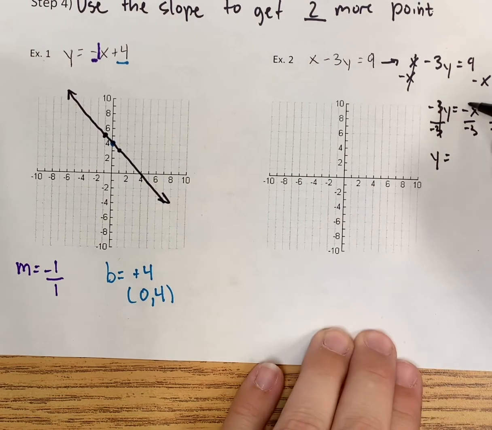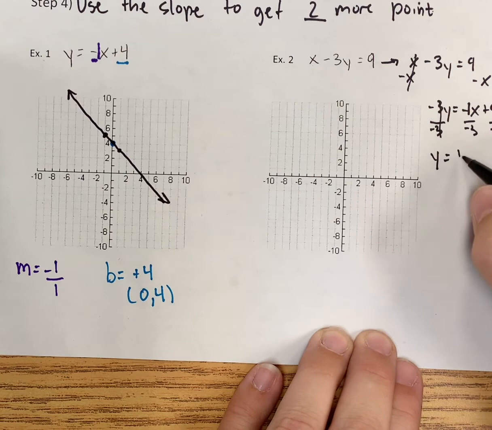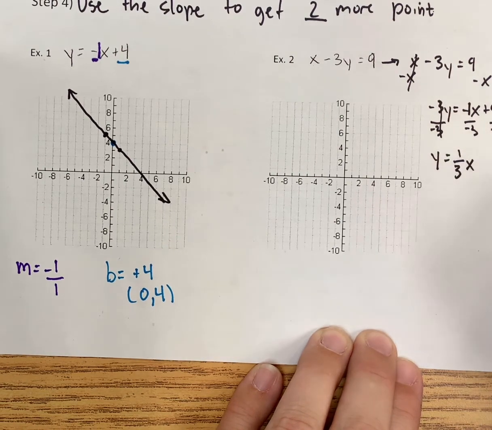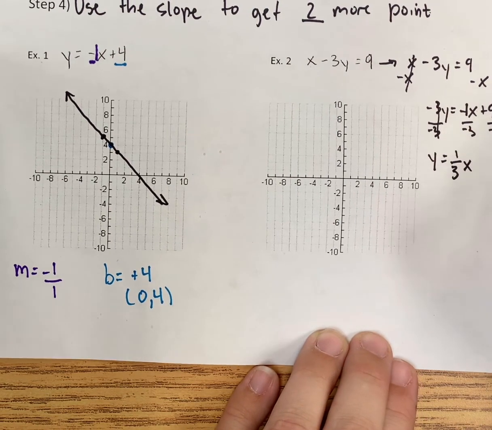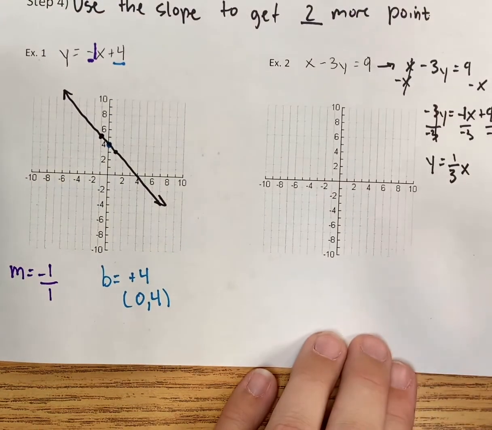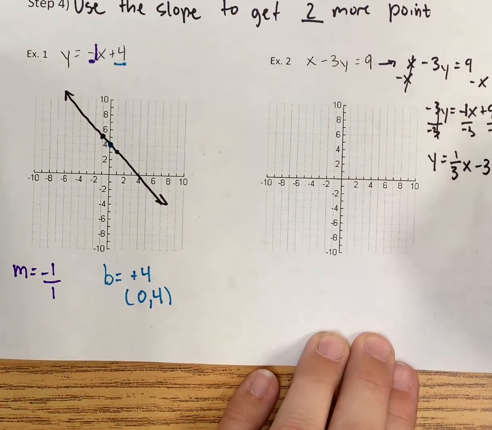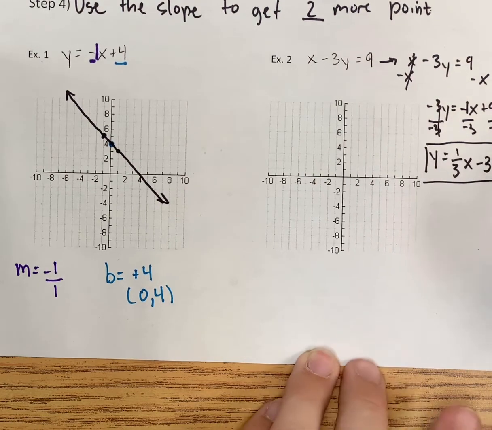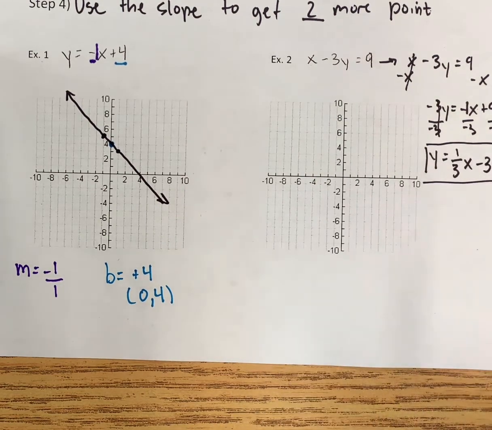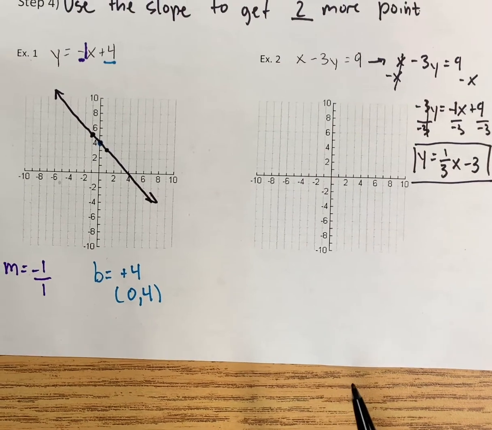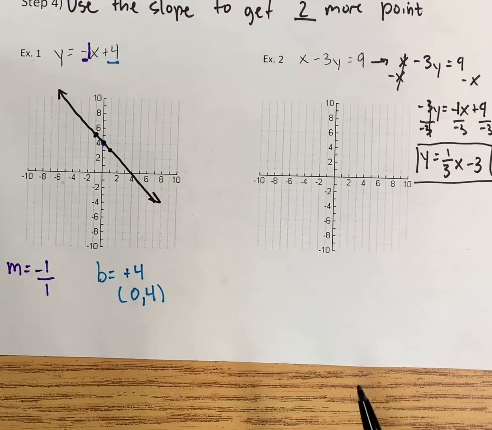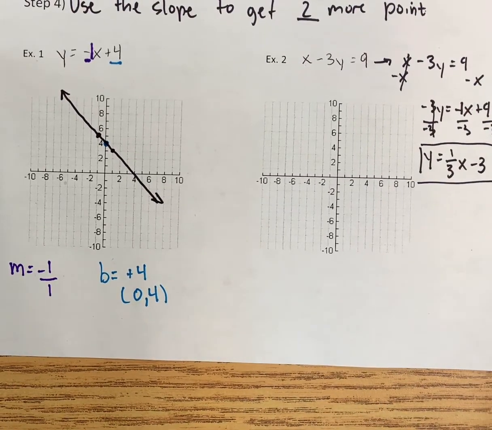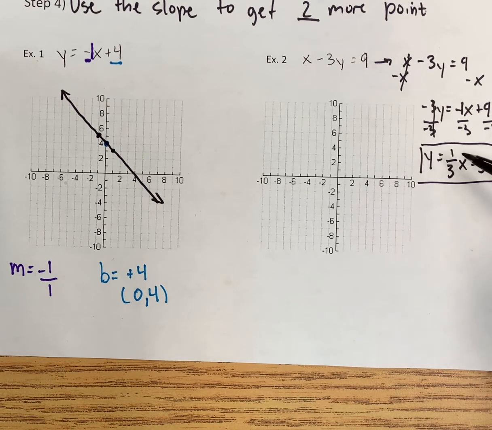This is again like saying negative 1x, so it's like saying 1 third x. And then 9 divided by negative 3 here is negative 3. So this is your new equation. Leave it as 1/3 x, guys. Do not make it a decimal. If you make it a decimal, it won't be in slope form. You need to have it as rise over run, so no decimals.